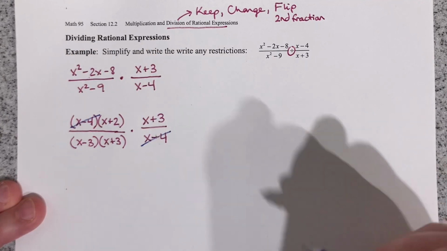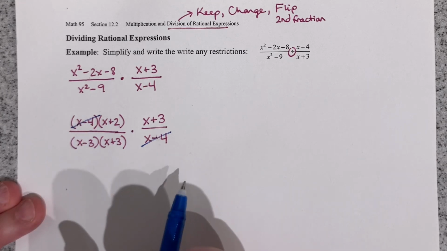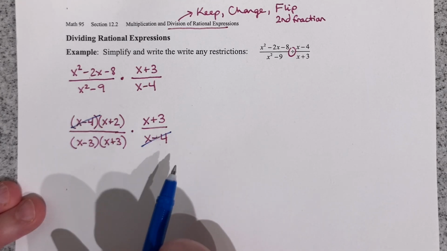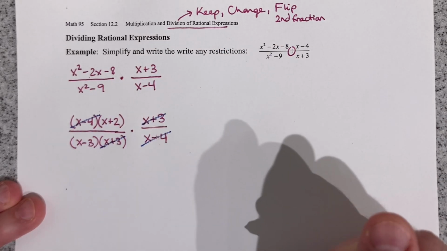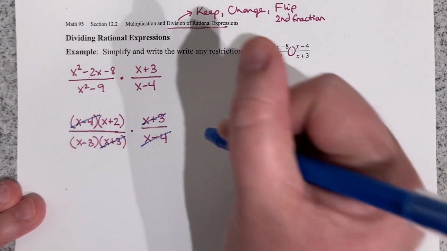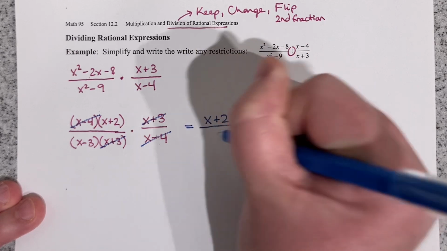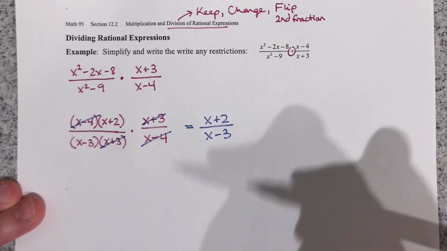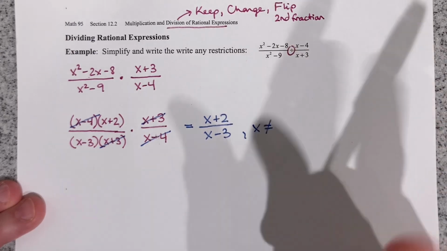So now x minus 4, there's one of those factors on the top and bottom, so they reduce. We can divide by them. X plus 3, same thing. Those cancel. So what's left behind is x plus 2 on the top, x minus 3 on the bottom, but now we have our domain restrictions.